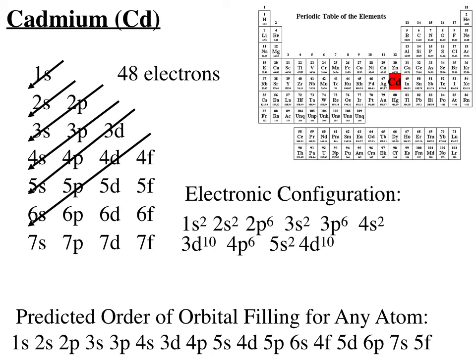Let's go to the example of, say, cadmium. Cadmium is element 48. Neutral cadmium would therefore have 48 electrons to populate. You'll notice from the periodic table shown that it is in the 5th row down and the 12th box over to the right.